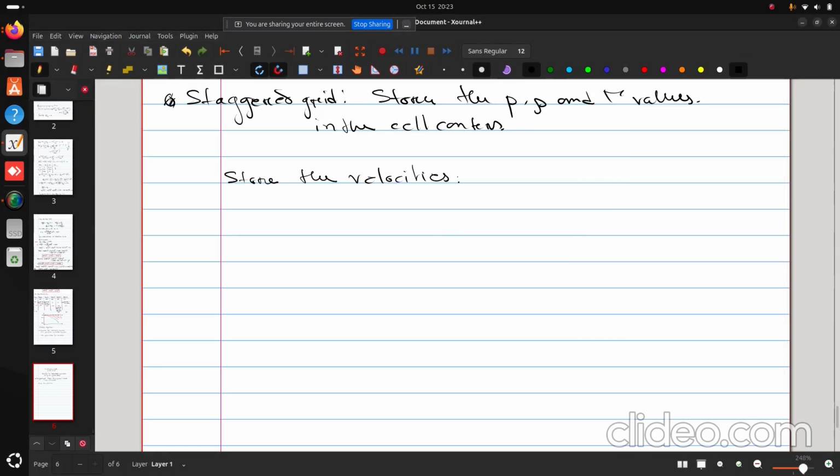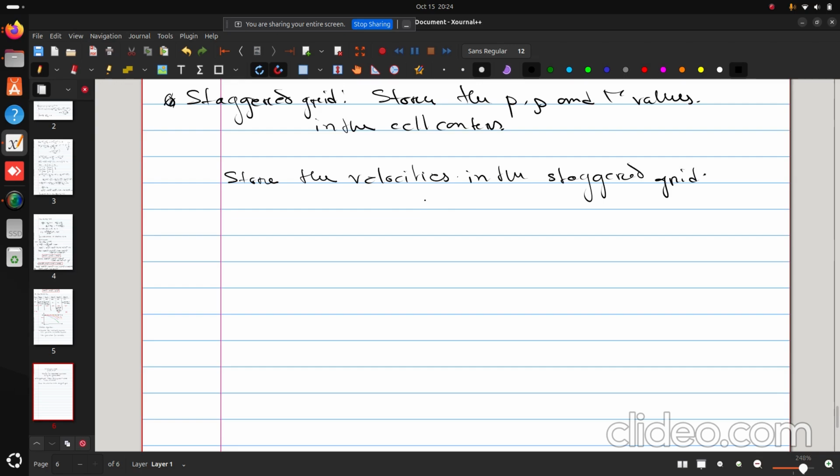So we store the velocities in the staggered grid. This is to avoid the checkerboarding patterns where we get a zero pressure gradient even when there is an uneven pressure distribution, right?